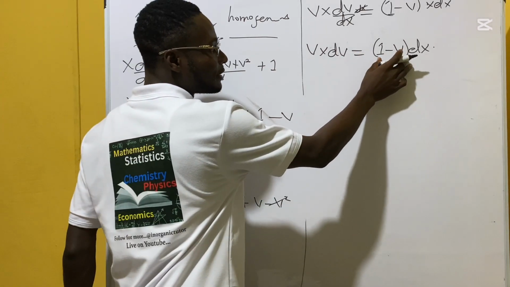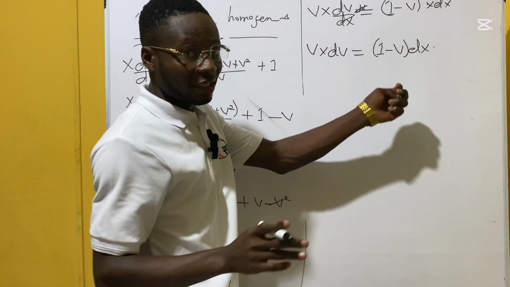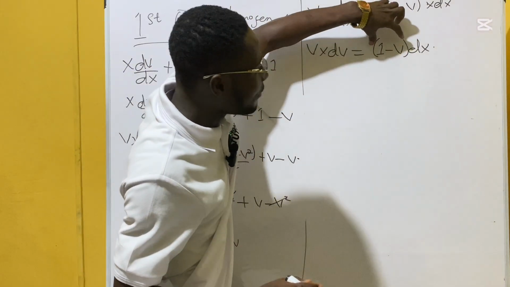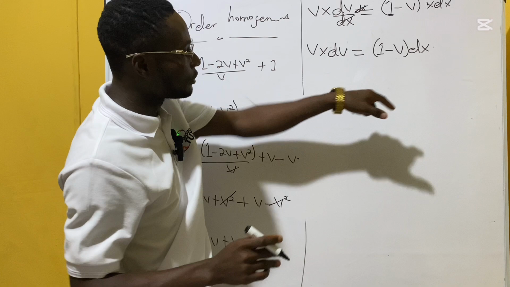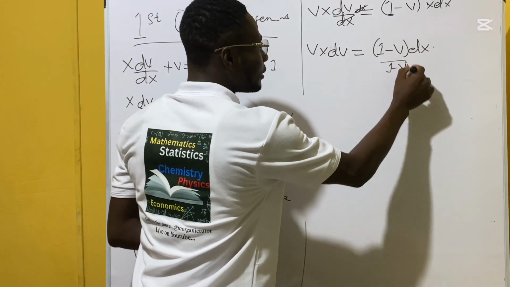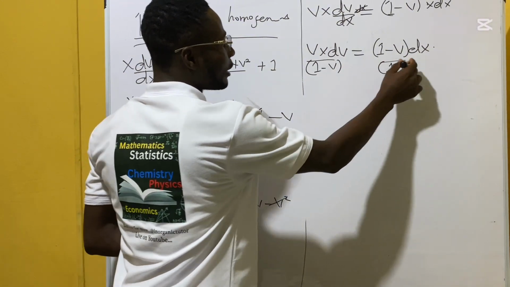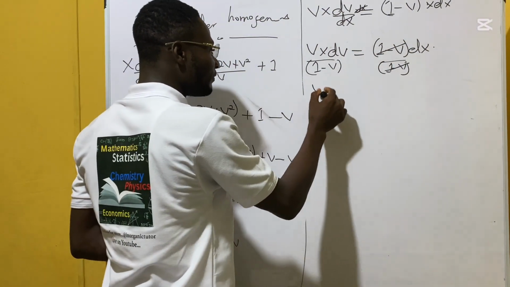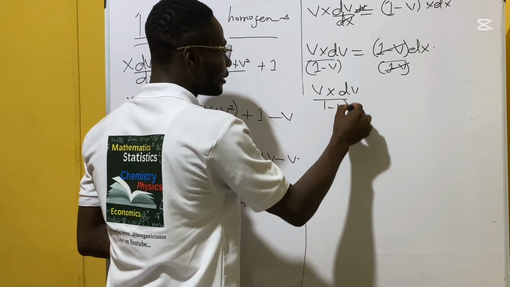We have 1 minus v dx is not separable. It has not been separated, so we have to take this here and bring the x to this section. So we divide here by 1 minus v, 1 minus v.